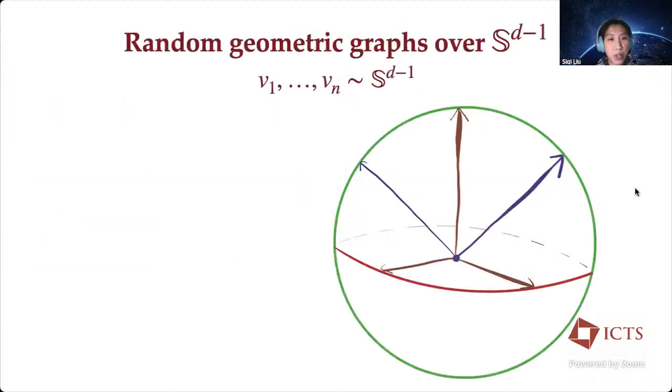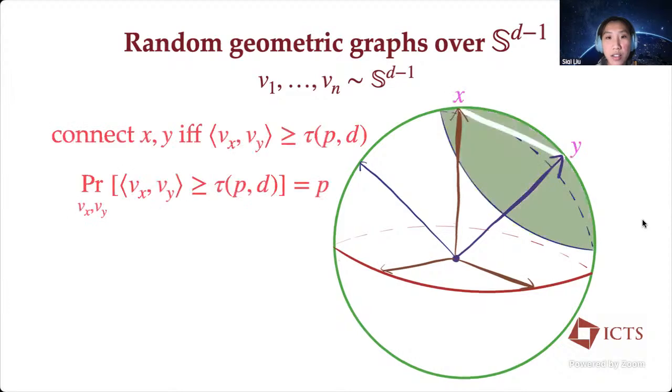Just to explicitly state the model we'll be focusing on, we'll be considering random geometric graphs over the unit sphere in d dimensions. To recall, the way we sample is we sample n IID points on the unit sphere in d dimensions and call them v1 through vn. We connect vx and vy if and only if they're close in Euclidean distance.